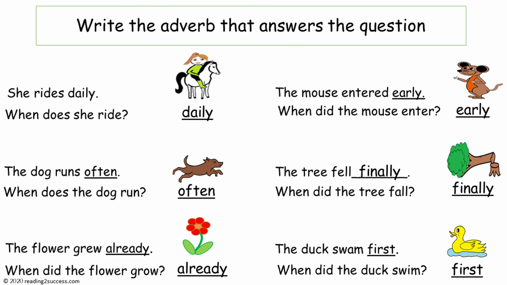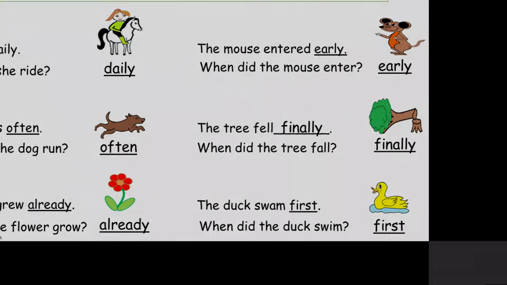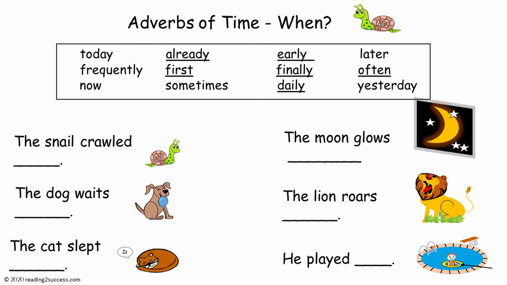The mouse entered early. When did the mouse enter? Early. The tree fell finally. When did the tree fall? Finally. The duck swam first. When did the duck swim? First. Now we're going to have kids finish the sentences with the adverbs of time that answer when have not been used.